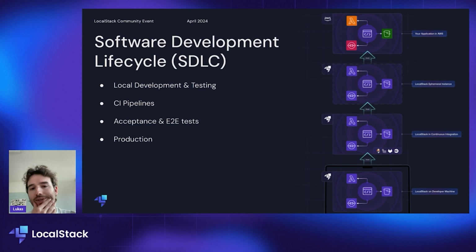Typically that starts on the developer machine with local development and testing, moving on to CI pipelines where you can run your integration test suites. Now, a new feature that's been released with 3.0, which will enable acceptance and end-to-end tests. And last but not least, everything is moving to production, to the real environment. So now the question is, how are we doing all of these things at LocalStack?